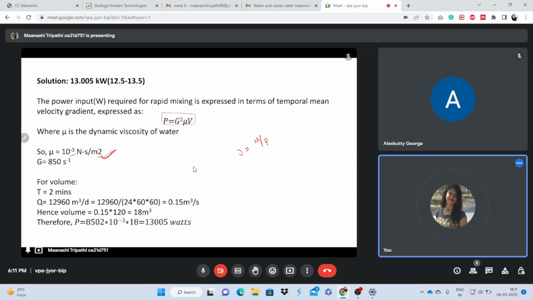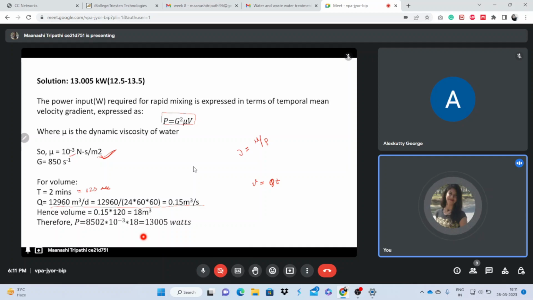So volume we can calculate from time and Q. Volume is equal to discharge into time. So first of all we calculate discharge in meter cube per second, then we multiply it with the time. 2 minutes is equal to 120 seconds.